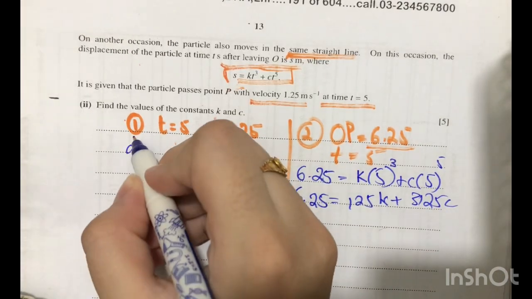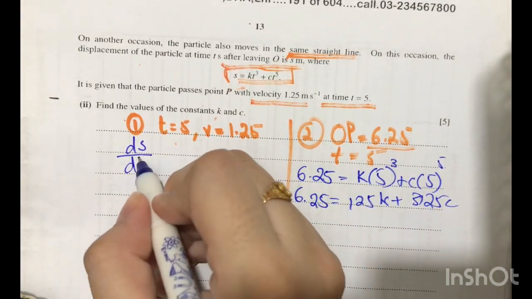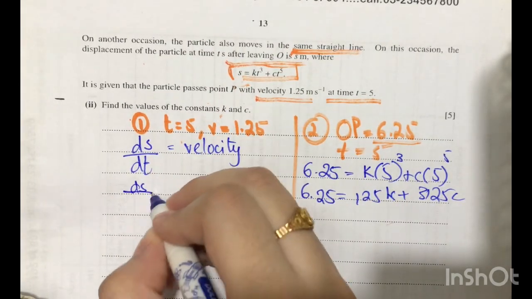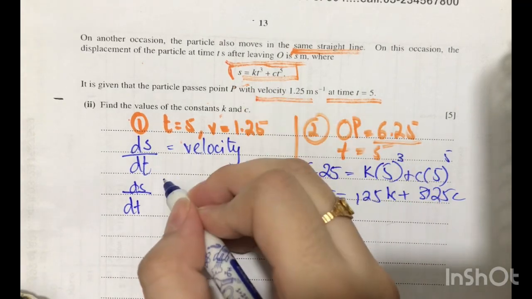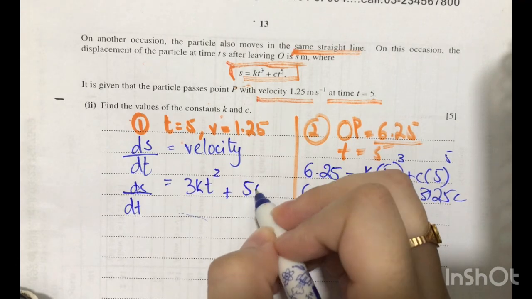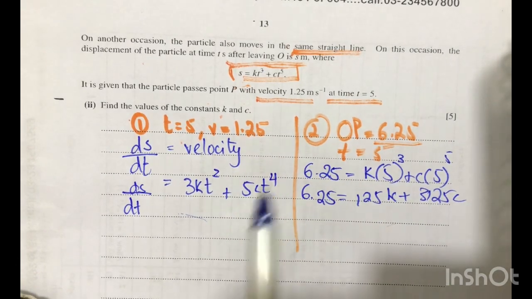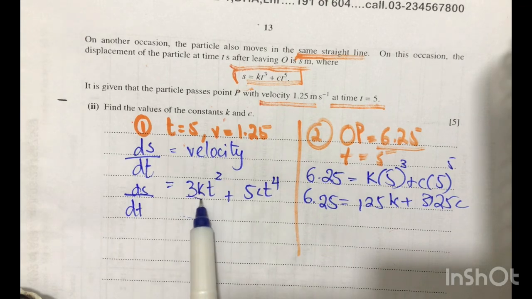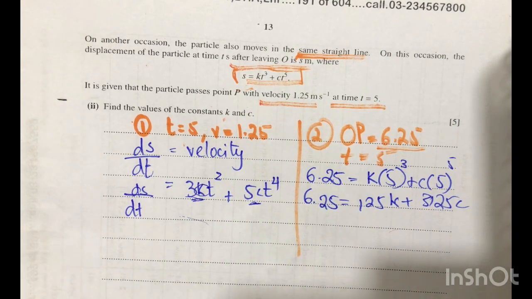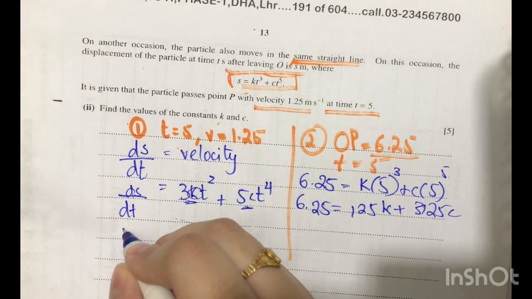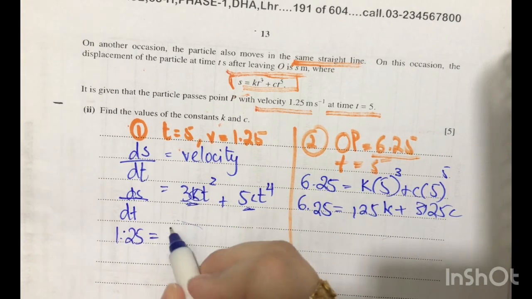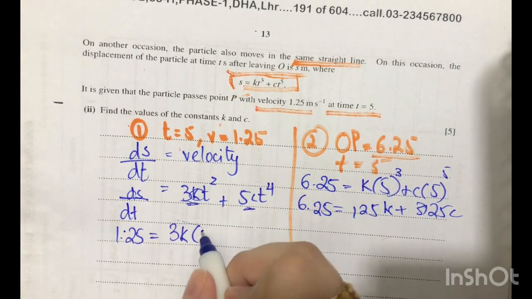And we all know that when we differentiate displacement, we get velocity. So when we differentiate this, we will get 3k t squared plus 5c t raised to power 4. Since k and c are constants, we will multiply them. The constants will not go away. So in place of velocity, we will add 1.25, and for time we will add 5.